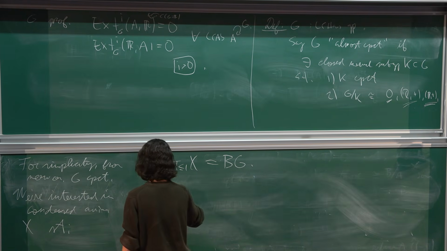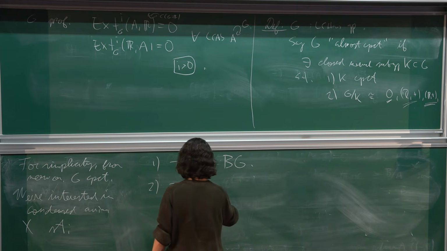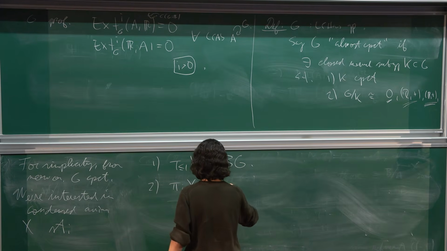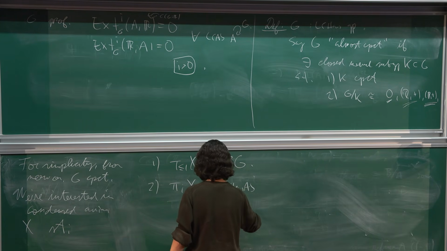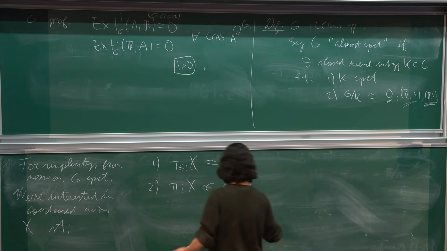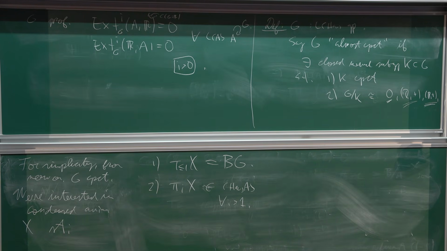And then pi I of X is a compact Hausdorff abelian group for all I bigger than 1.